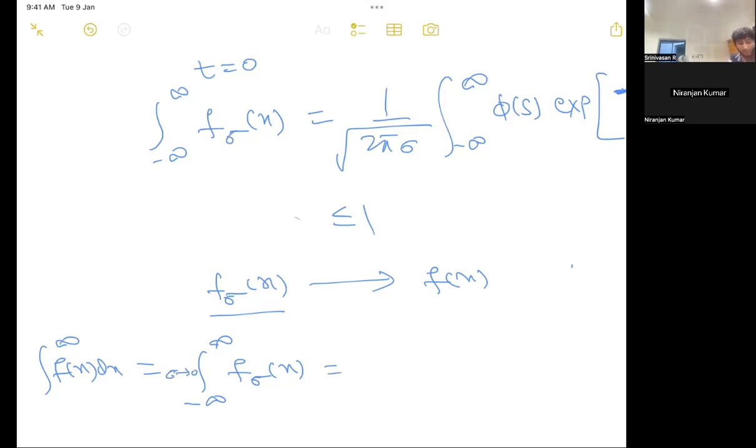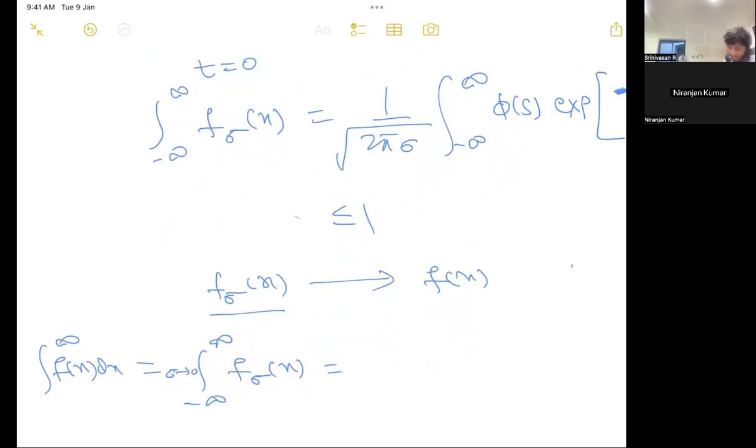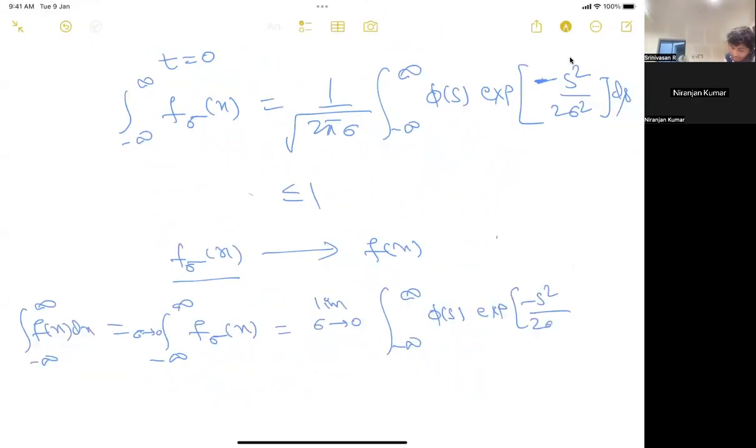We had calculated what f sigmas were. So this will give you that this is equal to the limit as sigma goes to 0 of the integral from minus infinity to infinity of phi of s e to the exponential minus s squared by 2 sigma squared ds by square root of 2 pi sigma.